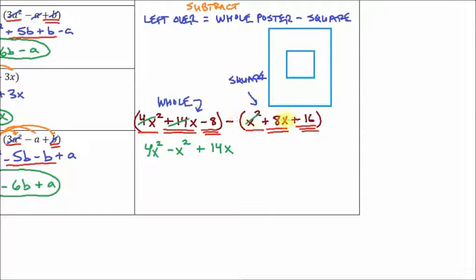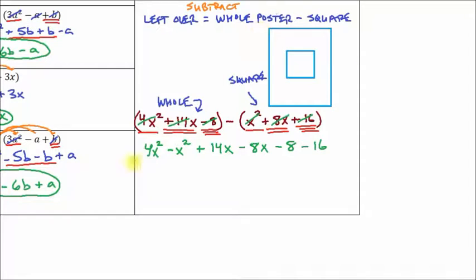We've got a positive 8x, but we're multiplying it times a negative number because we're subtracting it. Negative 1 times 8 is negative 8x. And now I've got a constant over here of minus 8. And I've got a constant here of positive 16, but again, it's negative 1 times positive 16, which is negative 16. That covers all of our terms.